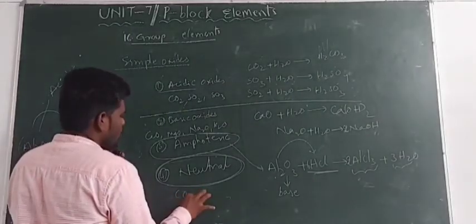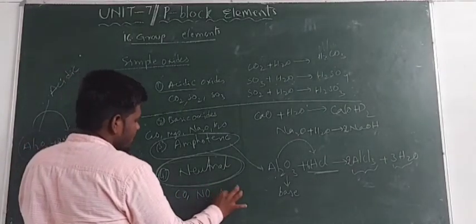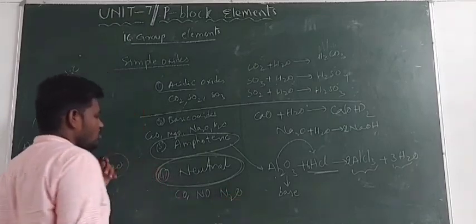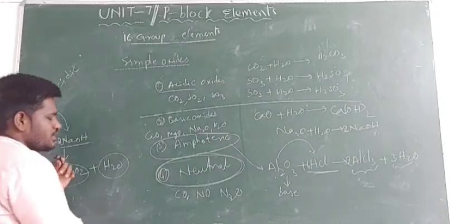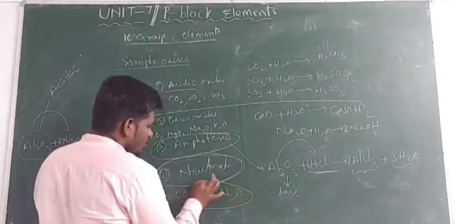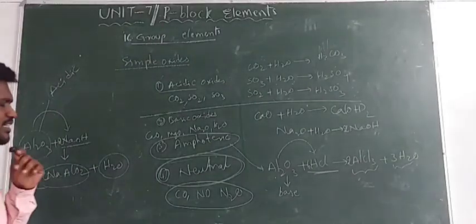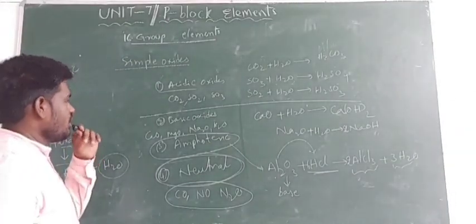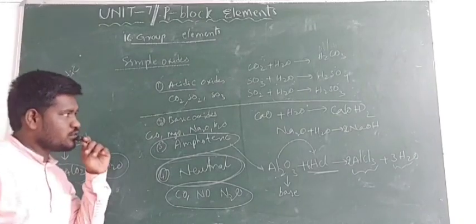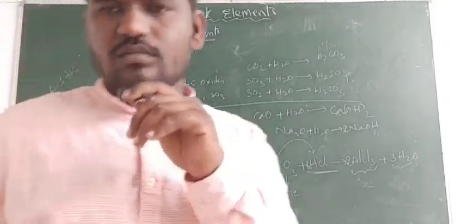Examples are carbon monoxide, NO, nitrogen monoxide, and N2O, nitrous oxide, which is also known as laughing gas. These are neither acidic nor basic. They won't give either a base or an acid when dissolved in water. So these are examples for neutral oxides. So this is about simple oxides, guys.